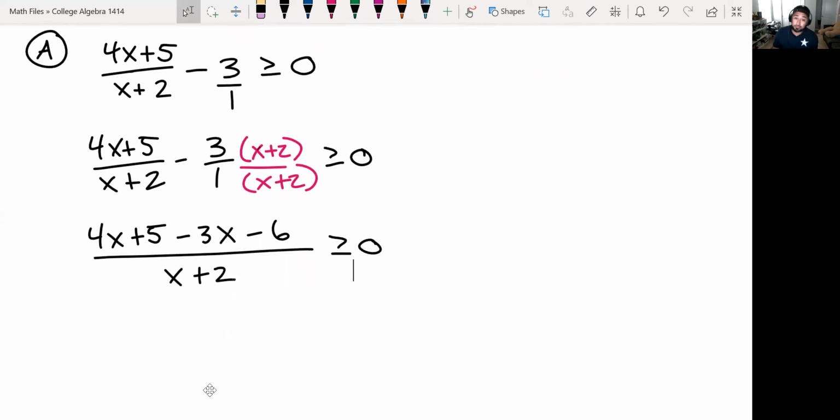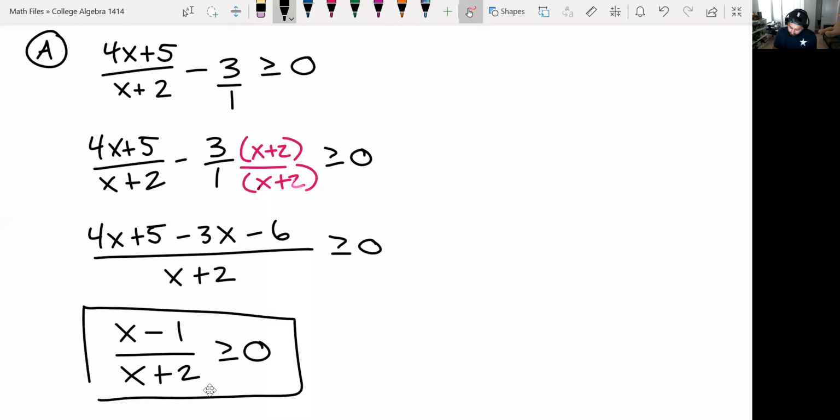Clean it up, and we get our new rational inequality of x, 4x minus 3x is x, and 5 minus 6, you get 1 over x plus 2 greater than or equal to 0. So this is the new inequality we will be working with.